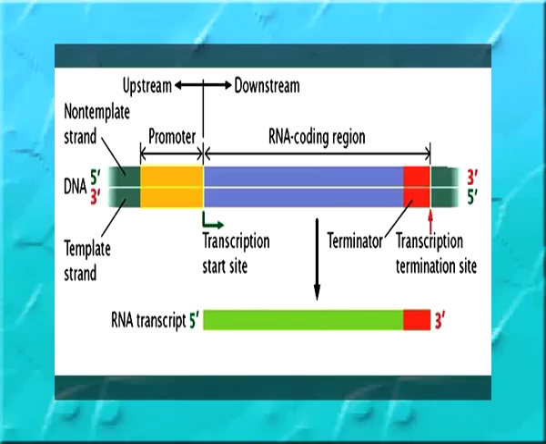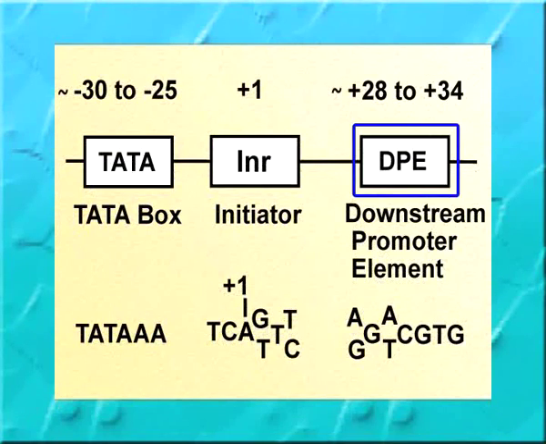We have seen that the position of both prokaryotic and eukaryotic promoters is relatively conserved and is located upstream of the transcription unit. However, in some genes, the promoter may be present downstream of the transcription start site and within the transcription unit itself, and is called downstream promoter or downstream promoter element, DPE.